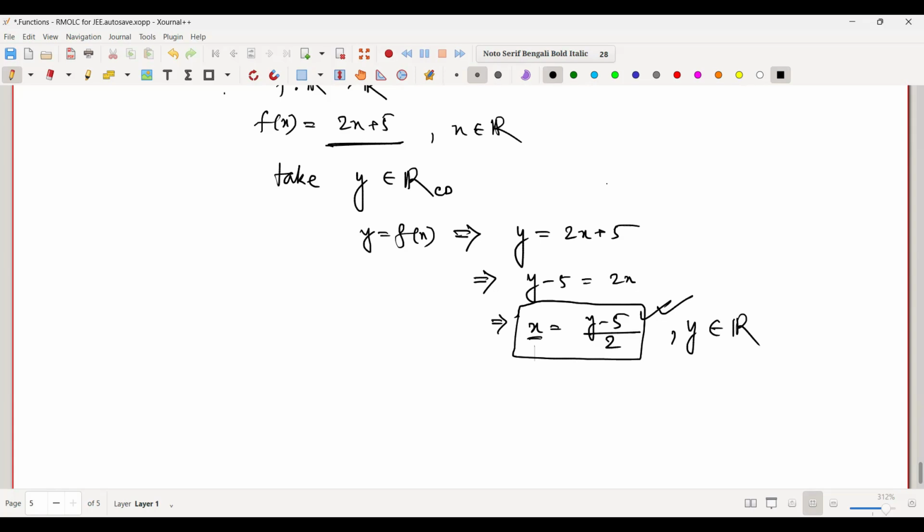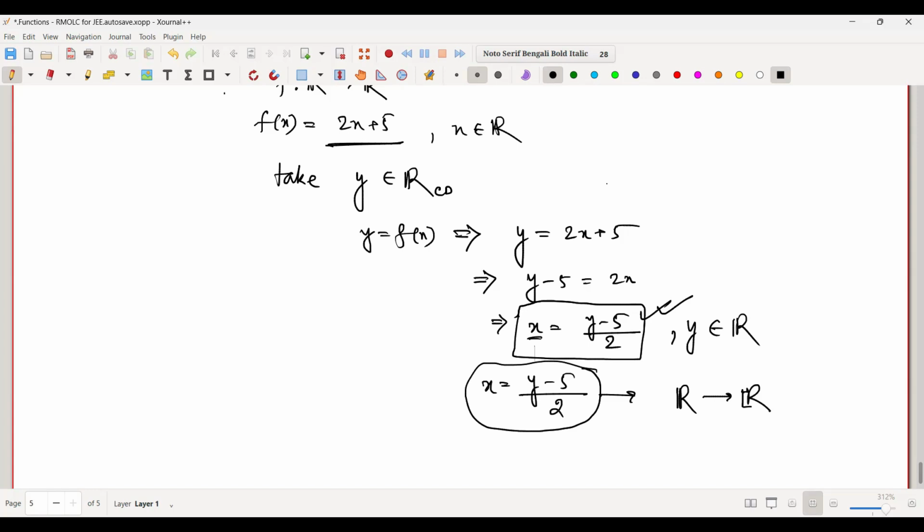This is a well defined function from R to R. x equals (y minus 5) by 2 is also a well defined function, from real numbers to real numbers. There is no problem.